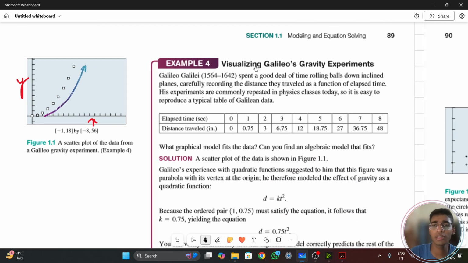Here we are visualizing Galileo's gravity experiment, where he spent a good deal of time rolling balls down inclined planes, carefully recording the distance they traveled as a function of elapsed time. So he was recording the distance traveled with respect to time.